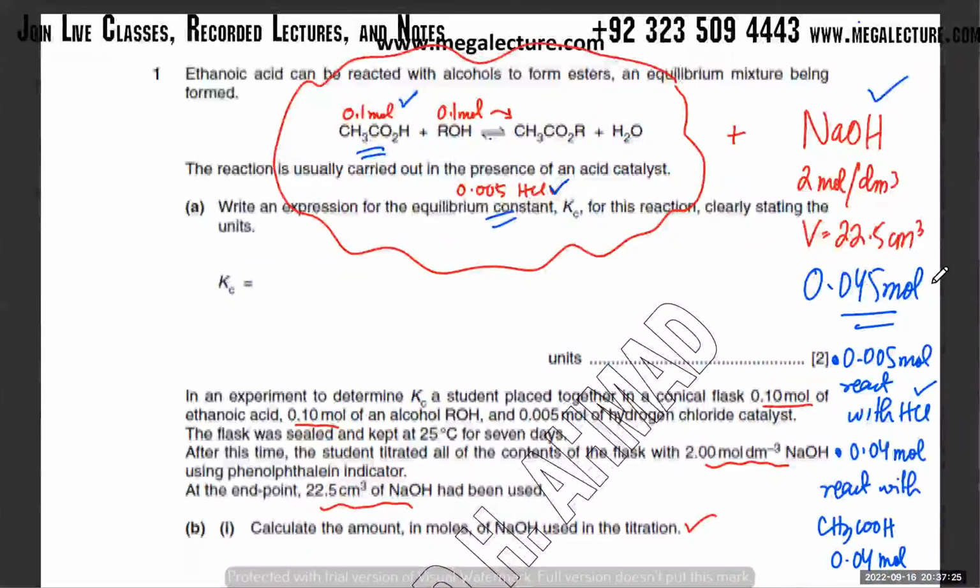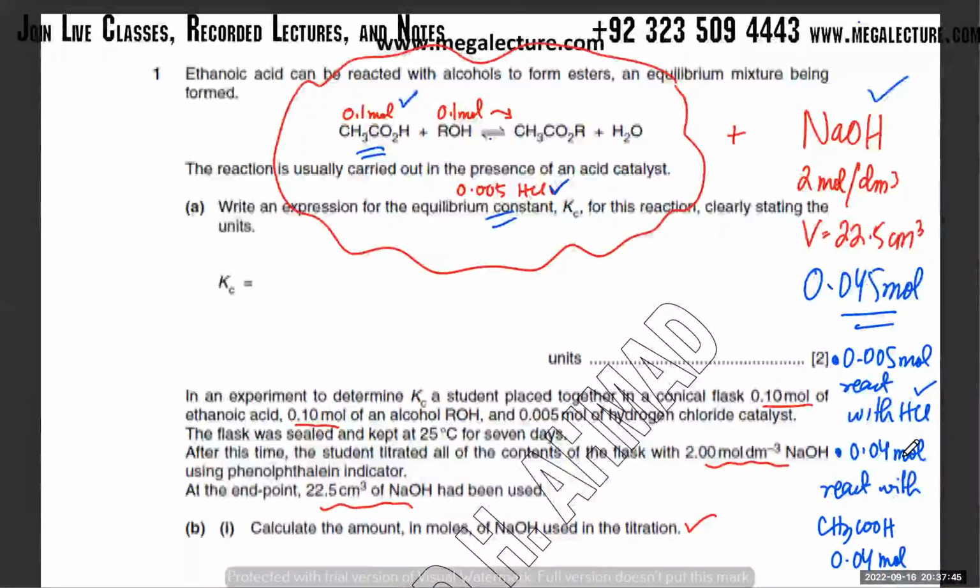The ethanoic acid's moles will be different because that's undergoing a reaction, but the HCl moles will not change. So you figure out that out of the 0.045 moles, 0.005 moles are definitely reacting with the HCl. बाकी बचे, the rest of the remaining 0.04 moles, those are the moles that are left. And those moles will then definitely react with the ethanoic acid.